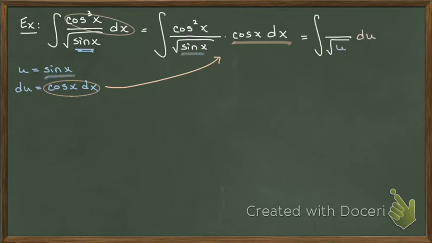And u then will just be my sine. So what I've got in the numerator then is a cosine squared x. That cosine squared I can replace by 1 minus sine squared. And since u is sine, I can replace it with 1 minus u squared. So in the numerator, 1 minus u squared.